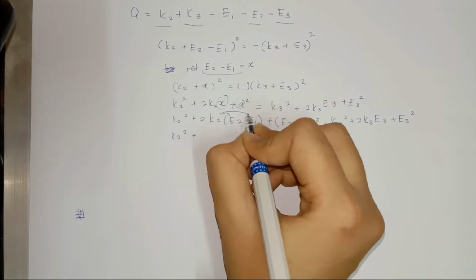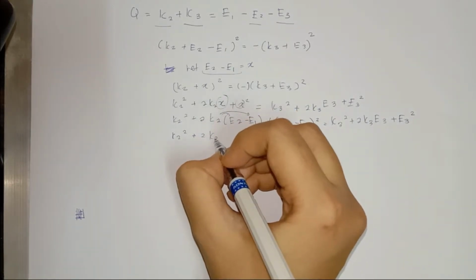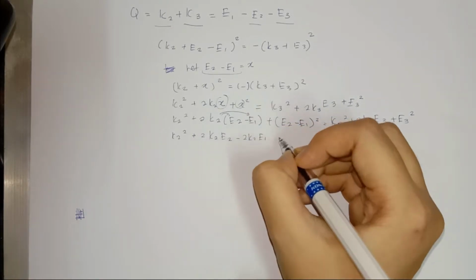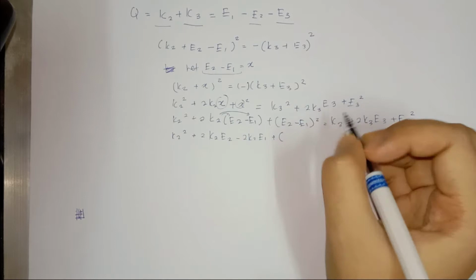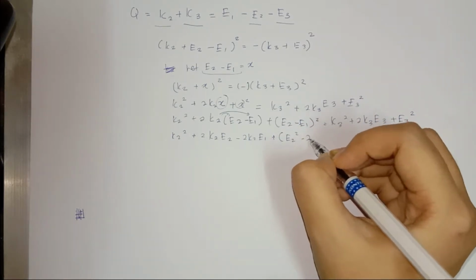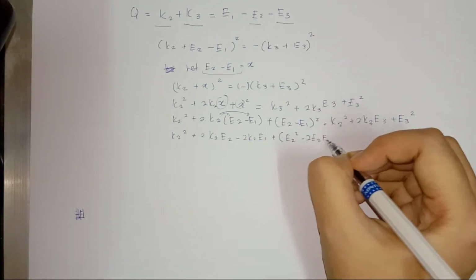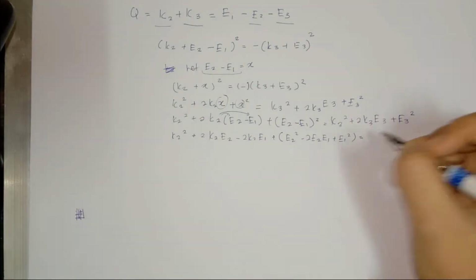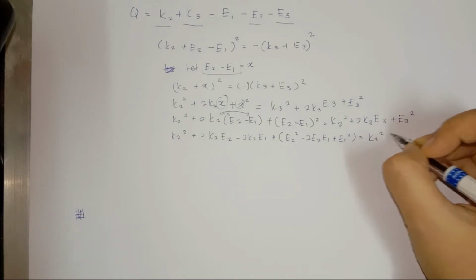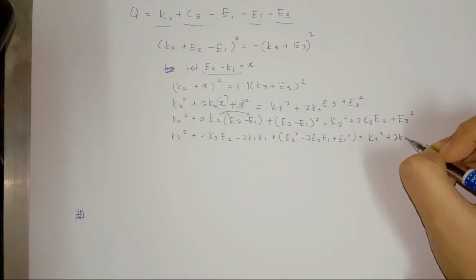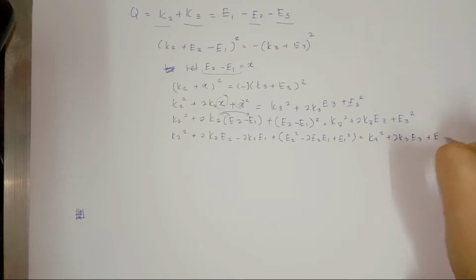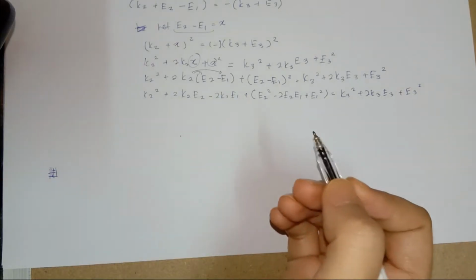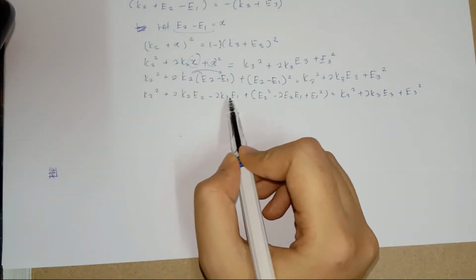This one expanded becomes 2K2E2 minus 2K2E1 plus E2 squared minus 2E2E1 plus E1 squared. Write it back. K3 squared plus 2K3E3 plus E3 squared.